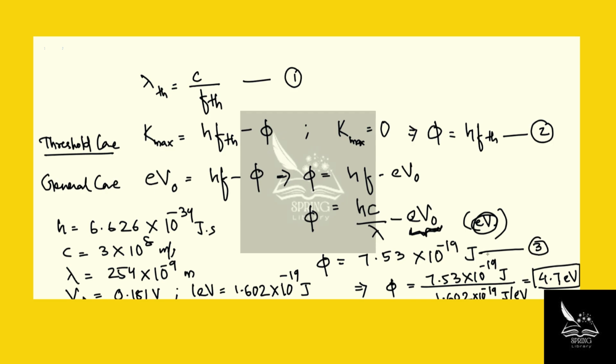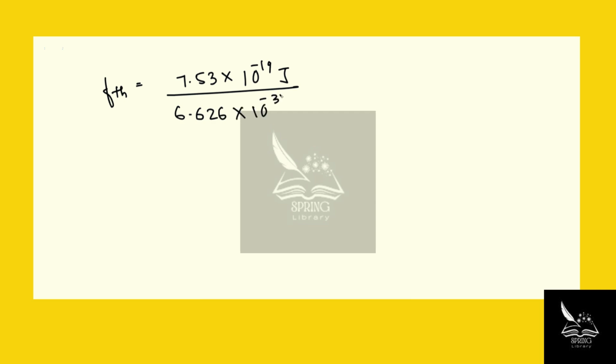We will use this value of phi and substitute it along with the value of h in equation 2. That will give us the threshold frequency, which is phi expressed in joules over h expressed in joule seconds, in order for units to be consistent, and this gives the frequency to be 1.14 times 10 to the power 15 hertz.